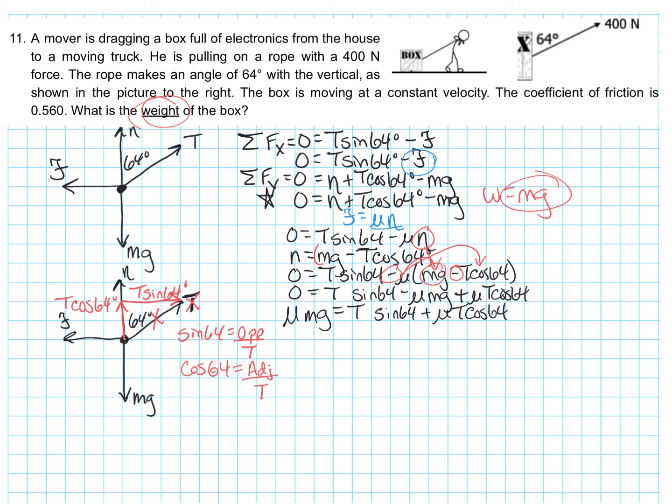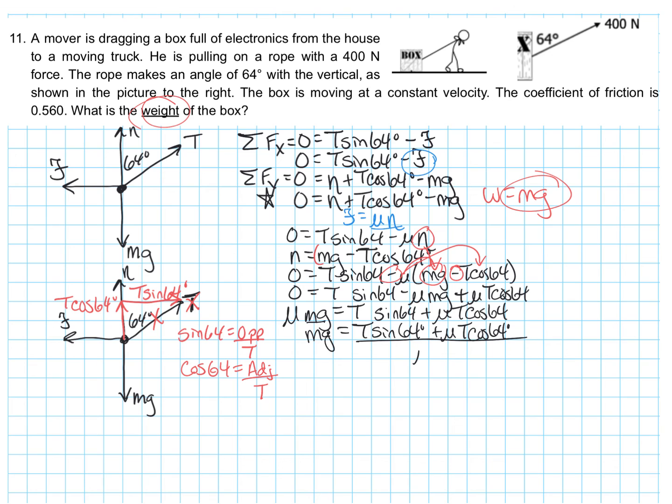Now the goal is to isolate mg all by itself, so I'm going to divide both sides by mu. So if I do that, this becomes mg equals T sine 64 degrees plus mu T cosine 64 degrees divided by mu.